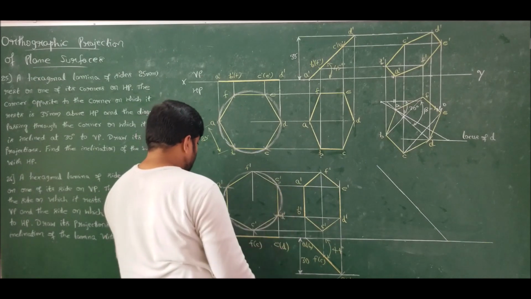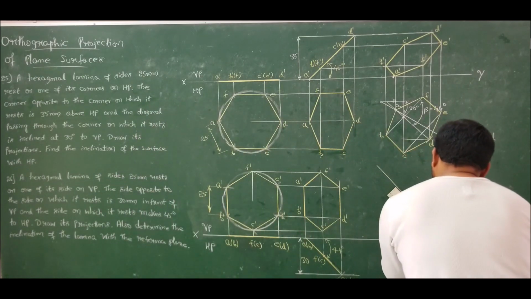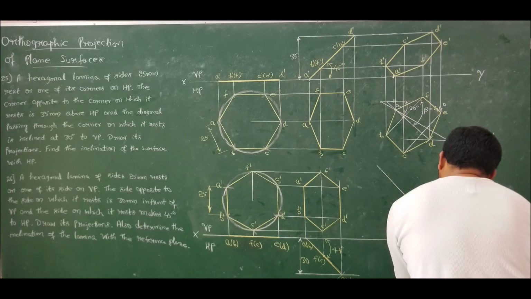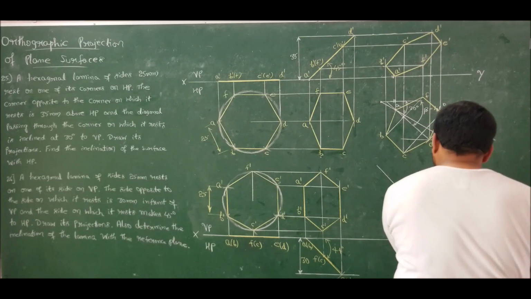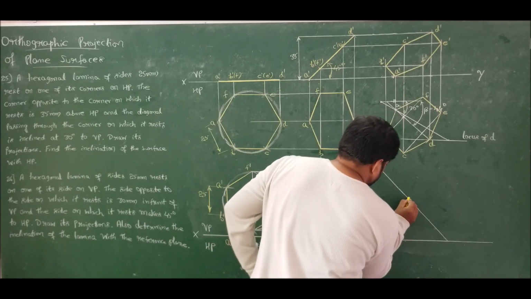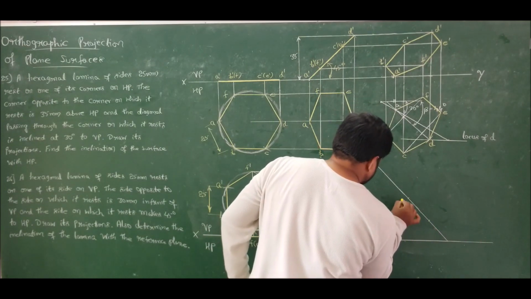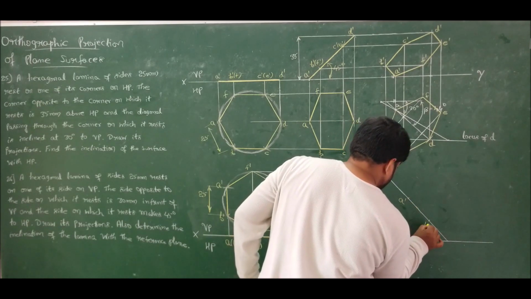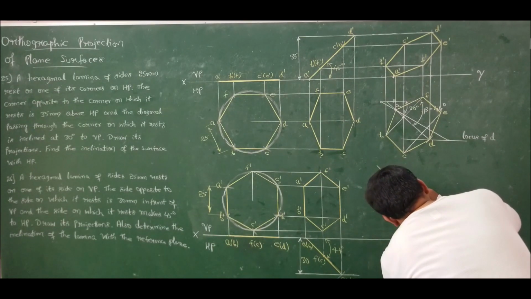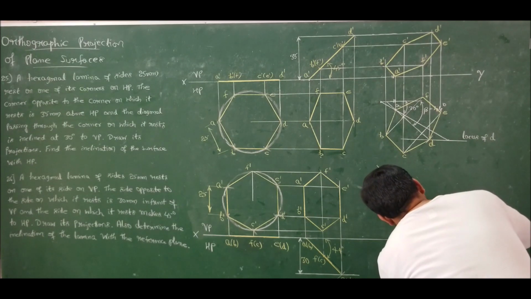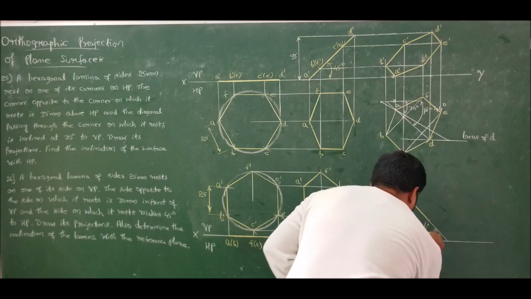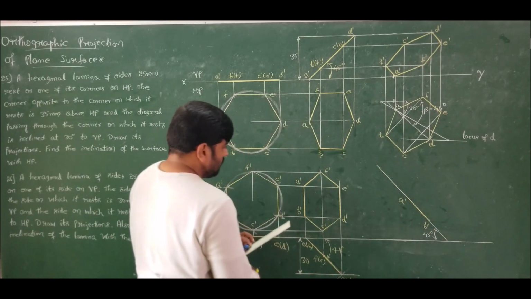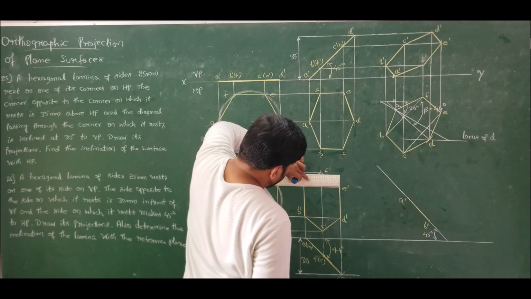AB is maintaining the true dimension of 25. So measure 25 mm on this line. This is A dash. This is B dash. And this is the required 25 mm side length on which it is resting, and that side is making 45 degrees to HP, correct?